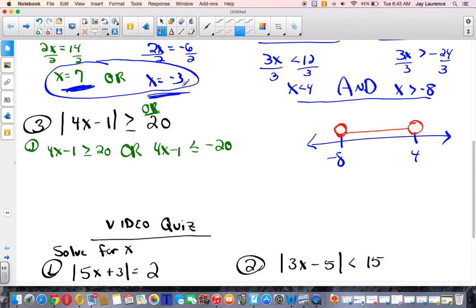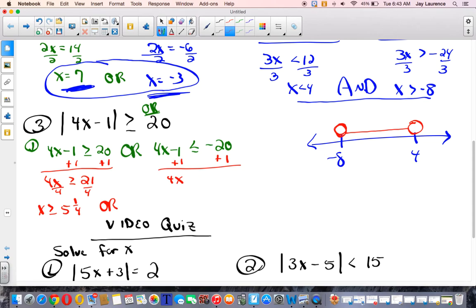Yeah. Okay, gonna solve. So add 1 to both sides. We have 4x greater than or equal to 21. Divide by 4, divide by 4. X is greater than or equal to 5 and a fourth. Or add 1, 4x is going to be less than or equal to negative 19.